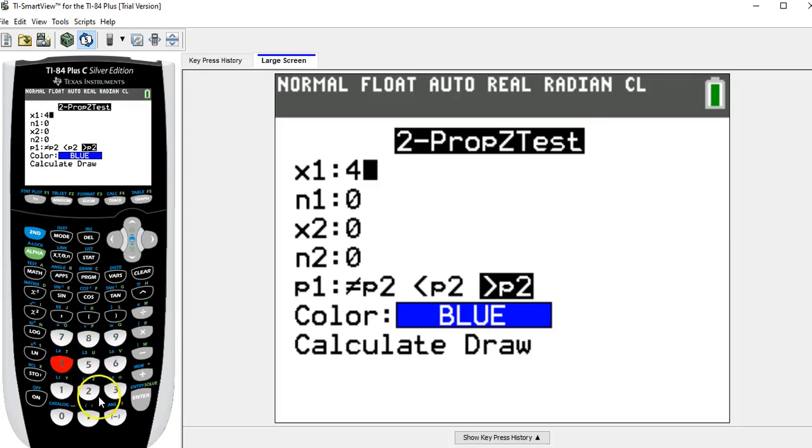So x1 is 425, n1 is 1422, and x2 and n2 are the data from the women's calls that were overturned. It said 226 of 774. So the x2 is 226, and the n2 is 774.